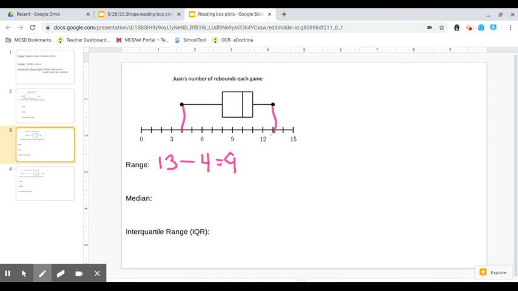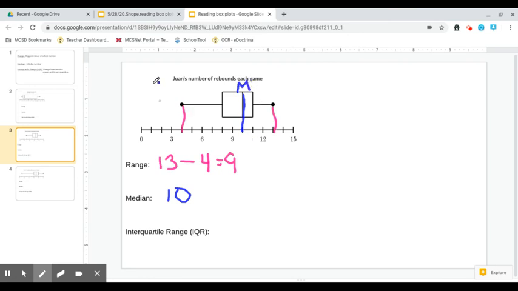That is 9 numbers, and you can count 1, 2, 3, 4, 5, 6, 7, 8, 9 if you wanted to. The median is the number that's directly in the middle. And we look, what's in the middle? This line is right in the middle of the box, which is 10. Median.